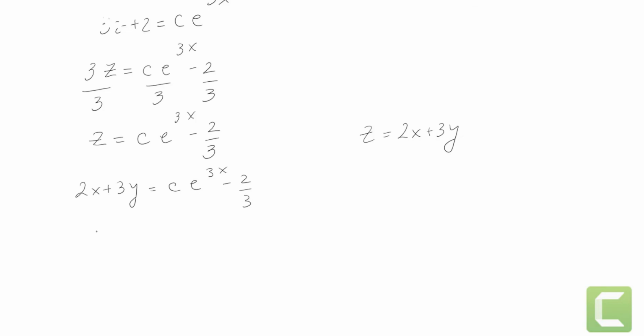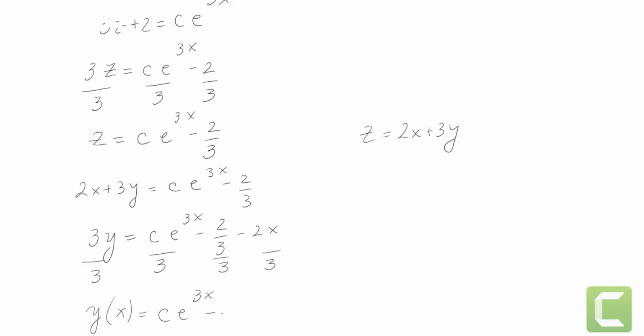We can go from here, maybe solve for y to get the equation in explicit form, and then divide by 3. So y of x equals a constant e to 3x minus 2/9 minus 2/3 x, and this is the solution in explicit form. And if I had an initial value, I could solve for c.